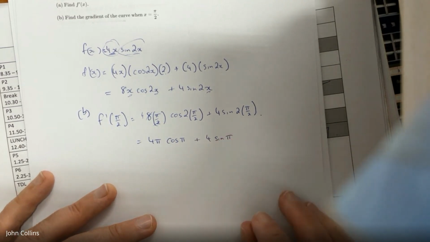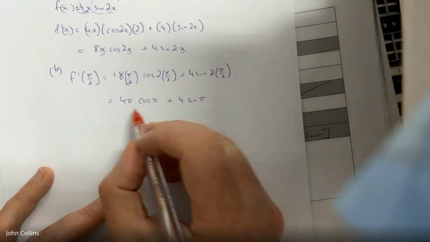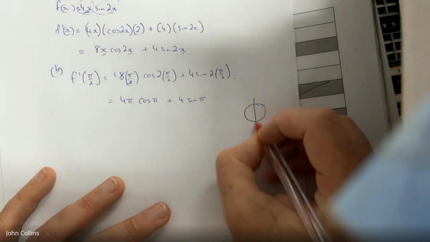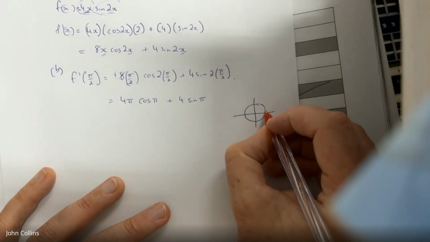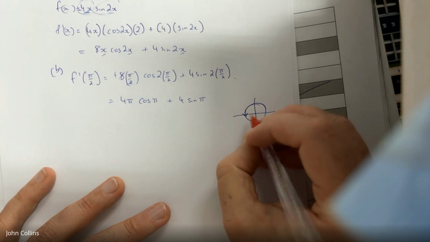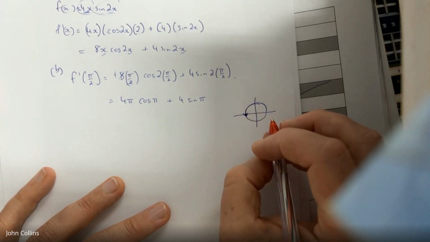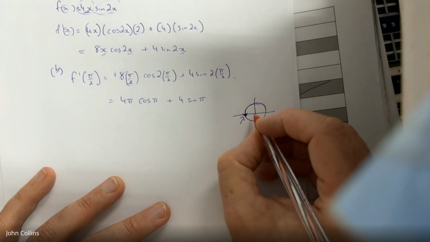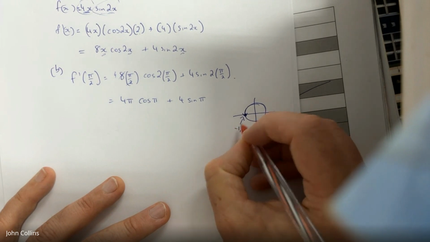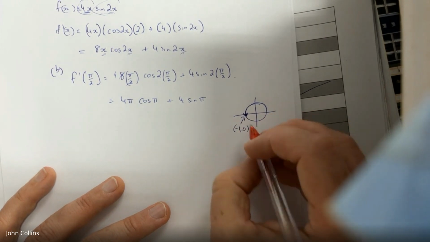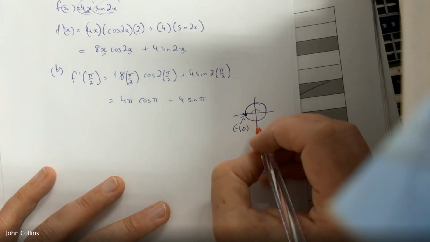Okay, now I need to know my unit circle to finish this off. What is cosine pi? Well, where's pi on my unit circle? It is all the way around to here, right on the x-axis. That point, because it's a unit circle, is minus 1 on x and 0 on y. And this is the angle pi.